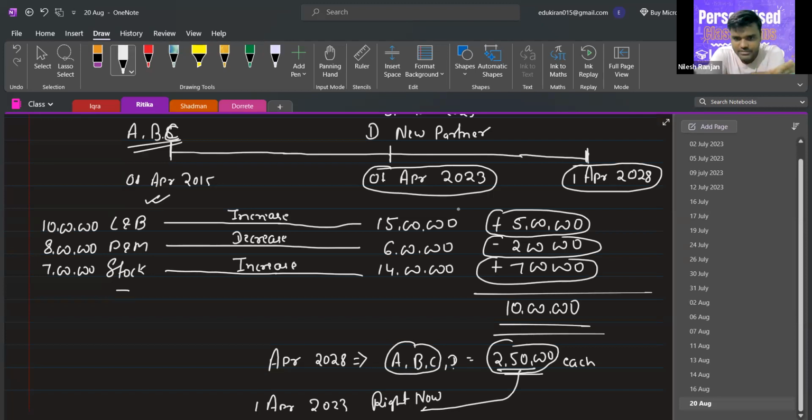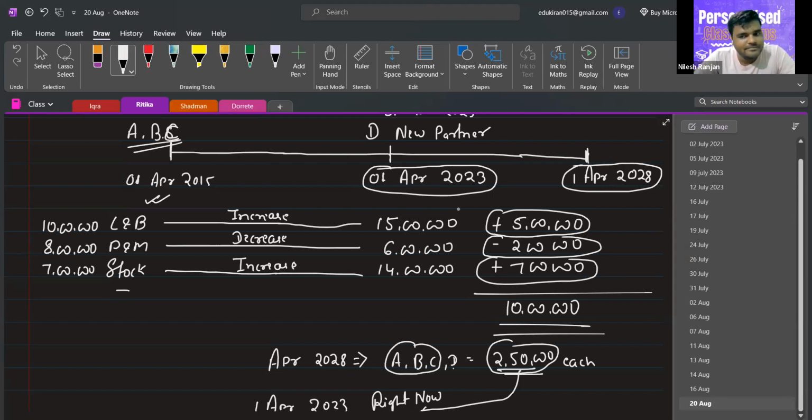You didn't listen to the words? I did, but I didn't understand properly. Okay. So there should be a question: why are we giving this profit share to D in future if he has to pay this amount to us right now? We can avoid these two calculations by not giving his revaluation profit to him in future.